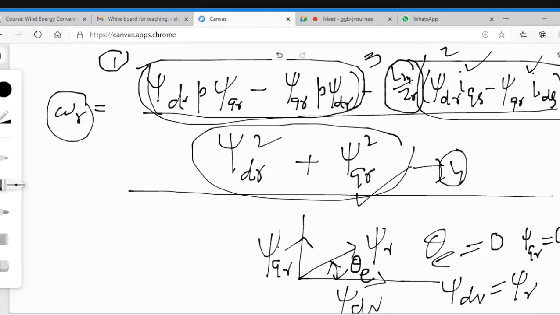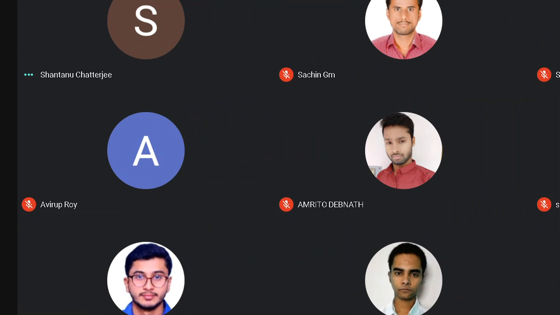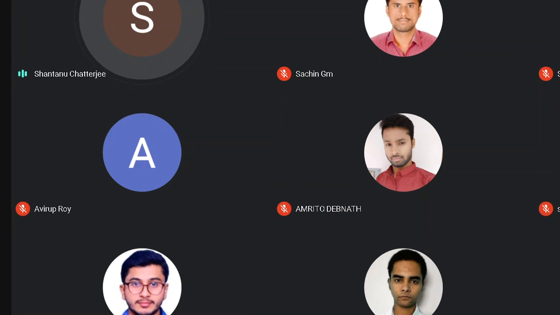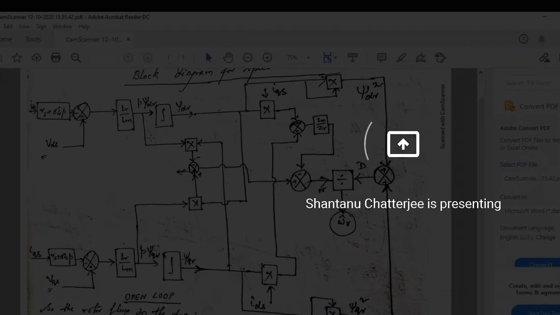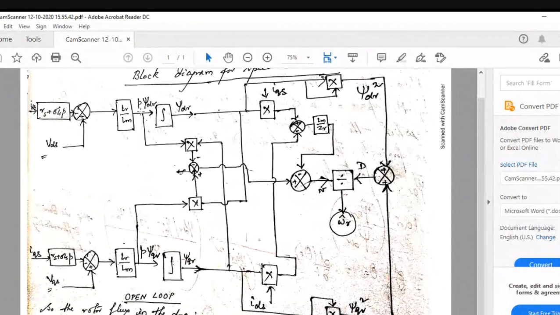Okay. Now look at the equation. From here you get phi dr into P phi QR.